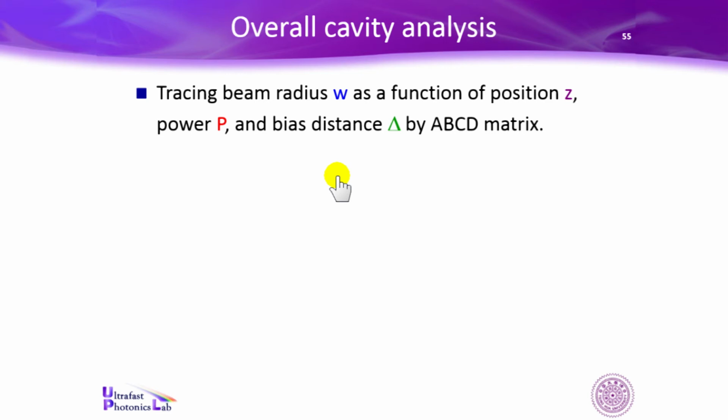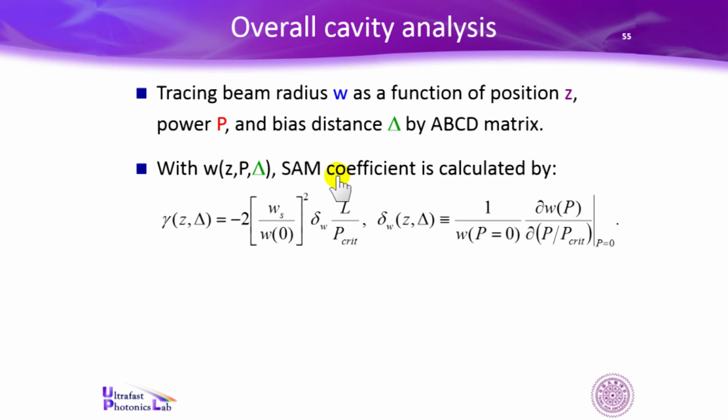You have 3 variables, so it's a very tedious calculation. For example, you have obtained beam radius as a function of position, power, and curved mirror separation, detuning delta.